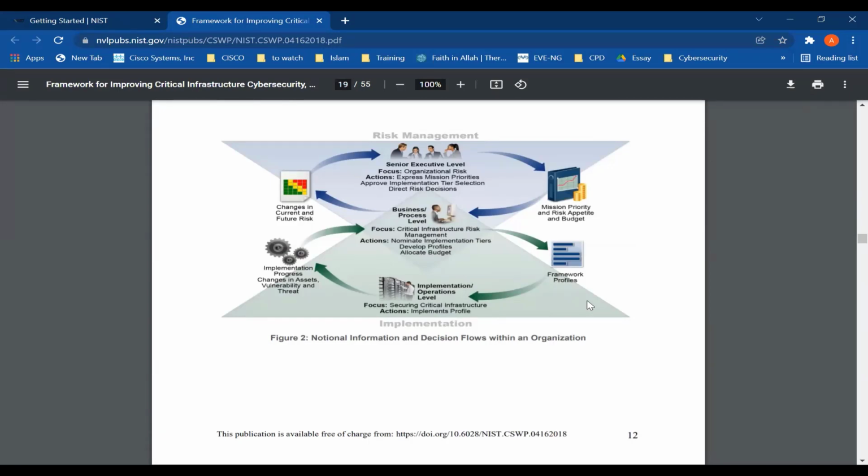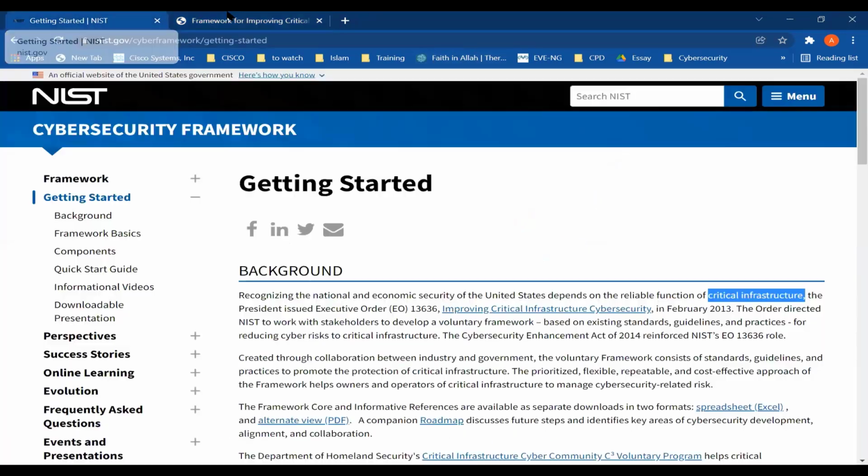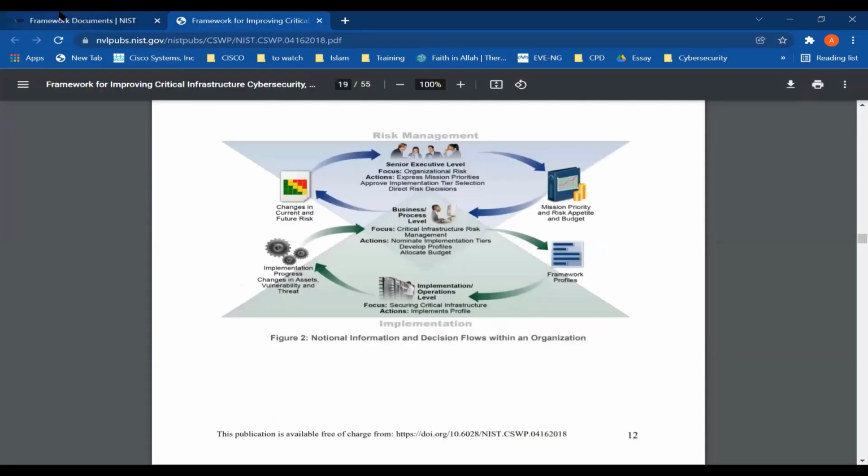So that when you get a certificate, they know that you know the framework, and they can place you in a job or train you to get into projects. You got the point? What is the main reason for understanding this framework? Because this is what governments, private organizations and enterprises use, the NIST and NICE framework. So if I'm doing something based on that, it means I am aligning myself.